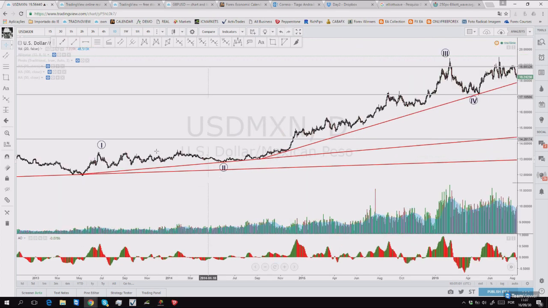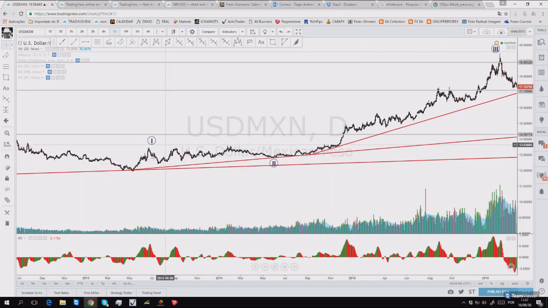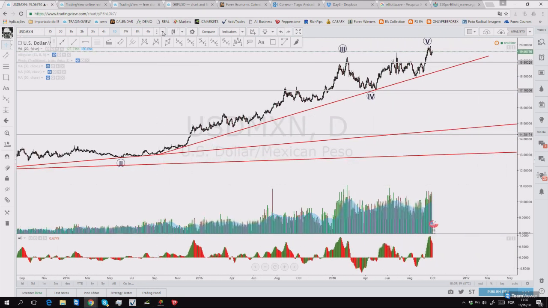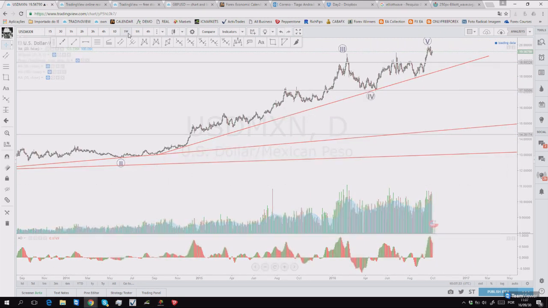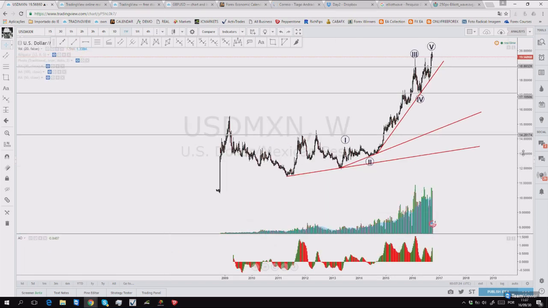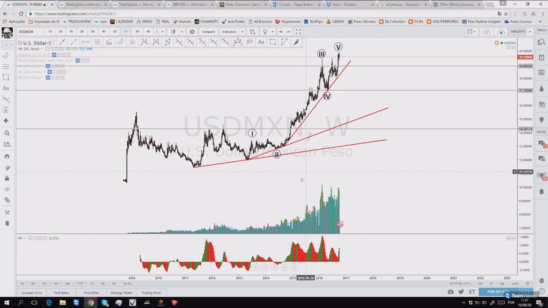So if we go to a daily, this is quite a complex correction. It went sideways for a long time. This is daily, so for some months it went sideways. And here is when you know that you're on wave 5 and then wave 3. Wave 5 and wave 3 usually have divergence on MACD or on any oscillator.